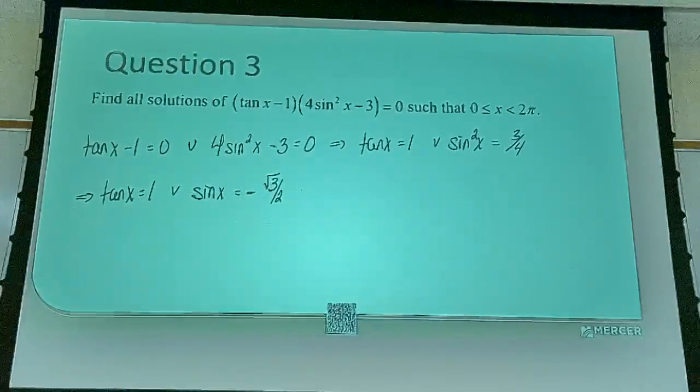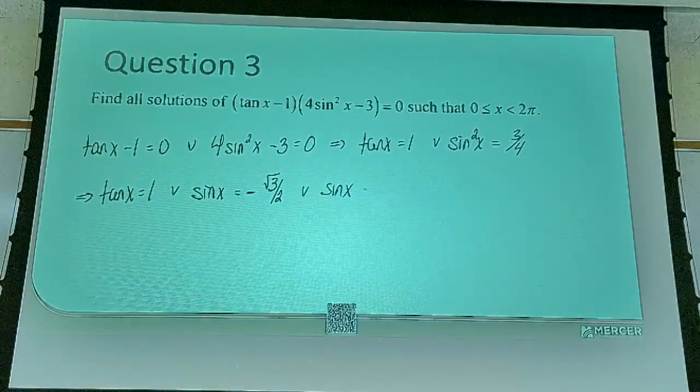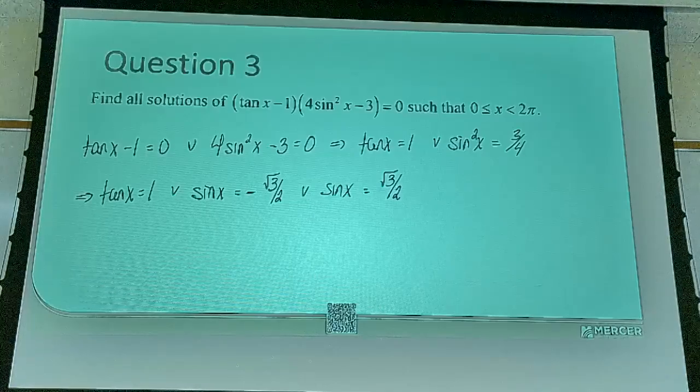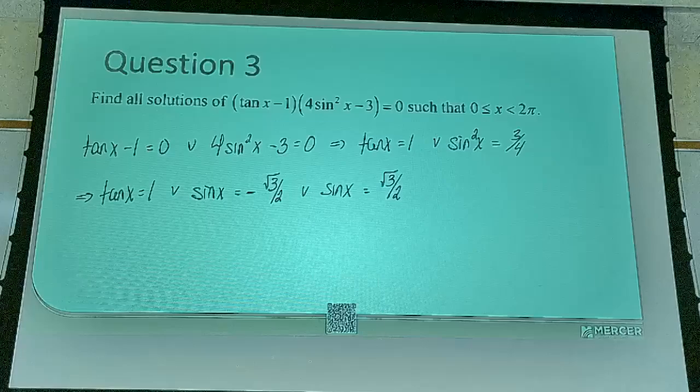This gives you 3 possibilities. Tangent of x equals 1, or sine of x is equal to negative root 3 over 2, or sine of x is equal to positive root 3 over 2. Because remember, when you take the square root of sine squared, you get the absolute value of sine of x.